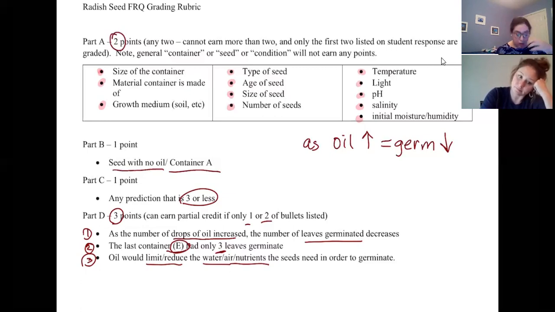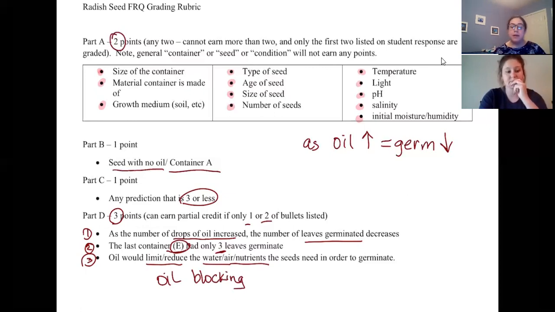So you can talk about how the oil is blocking necessary nutrients, water, air, but now you're connecting the reason for the limited number of seeds sprouting with the biological reason of why. Why was it only 3? Well, because the oil was somehow blocking the seed from doing necessary functions or getting necessary nutrients, gas, whatever, to be able to sprout normally like it did in the control.